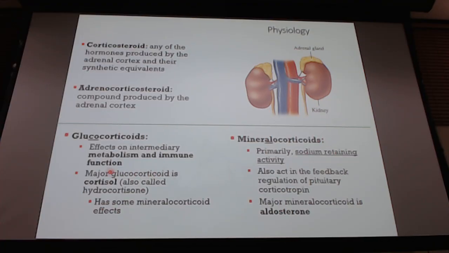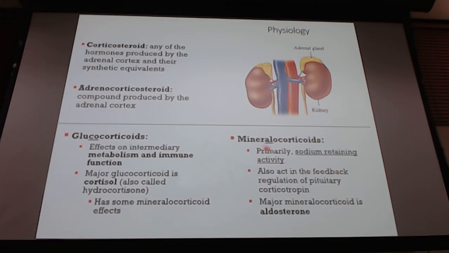What I wanted to point out is that your glucocorticoids help with your metabolism and immune function, and the major glucocorticoid we have is cortisol. That's why you see the CO underlined in glucocorticoid, because cortisol is the main glucocorticoid we talk about. Your mineralocorticoid pertains to how my body responds with sodium retention, so my water and that whole balance.